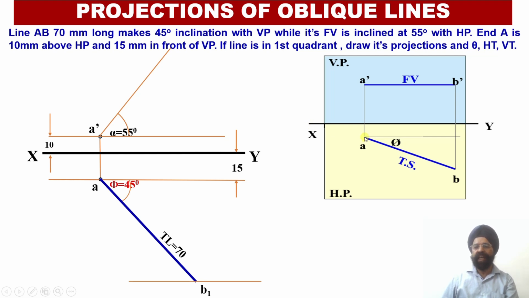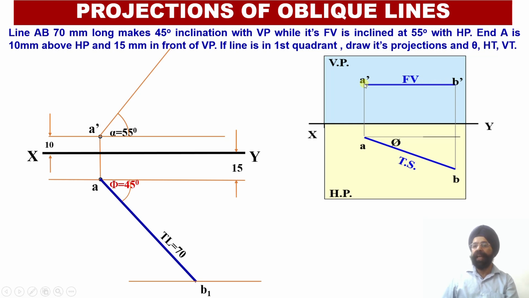Whenever we have the true length of the line at an angle phi with respect to the vertical plane, through this true length's second point I will drop a perpendicular onto the elevation side in such a way that I obtain the front view length parallel to the horizontal plane in the elevation view.